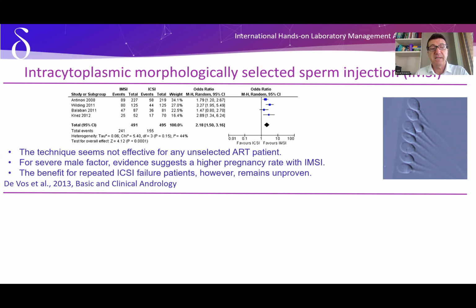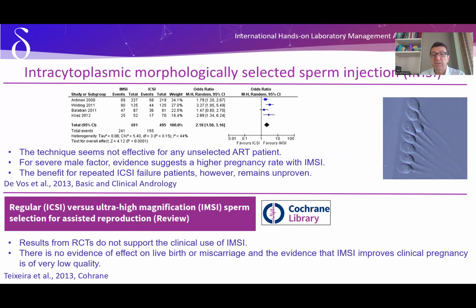But the first meta-analysis performed by a Belgian group showed that the technique was not effective for any unselected ART patient. And for severe male factor, the evidence suggested a higher pregnancy rate with IMSI. However, the benefit for repeated ICSI failure patients remained unproven.